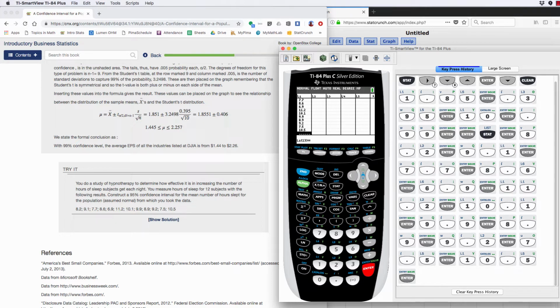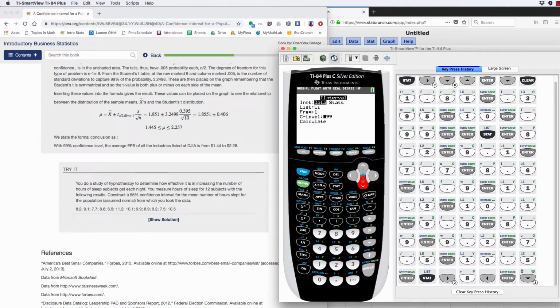We go to Stat. We're going to our Tests. We're going to our T interval, which is the 8th choice. But this time we're going to use data. I'm going to use data from list 1, which is the default.